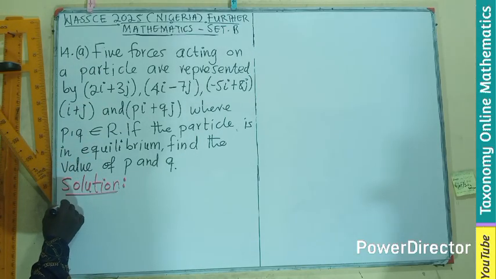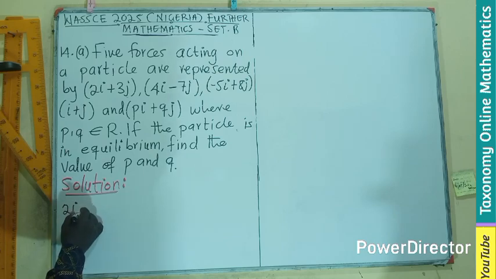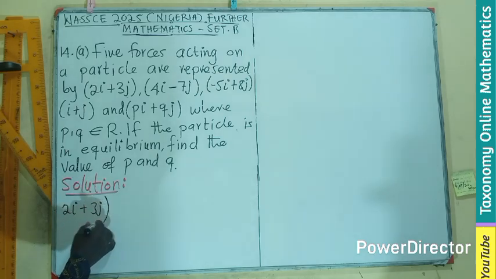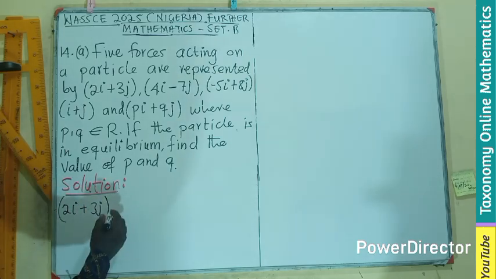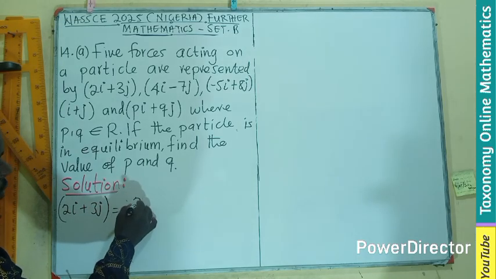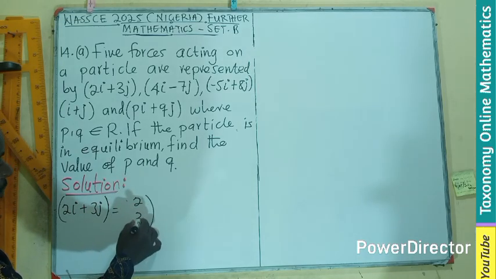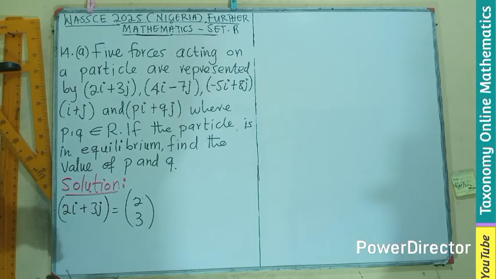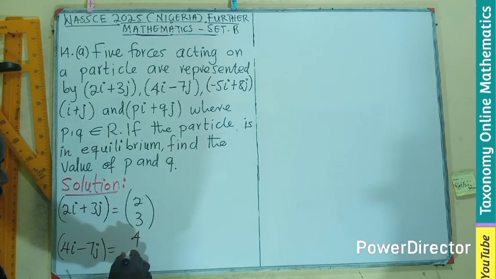We know that the force 2i plus 3j in the vector column form is just 2 on the x-axis, then 3 on the y-axis. If I pick 4i minus 7j, this gives us 4, negative 7.